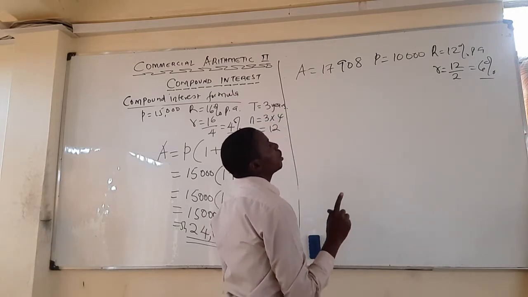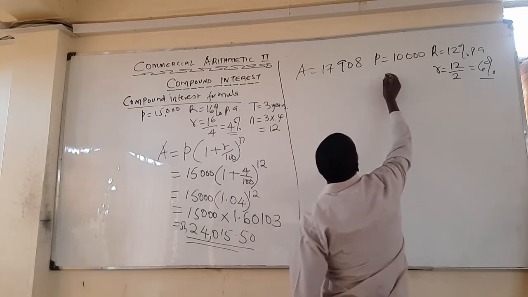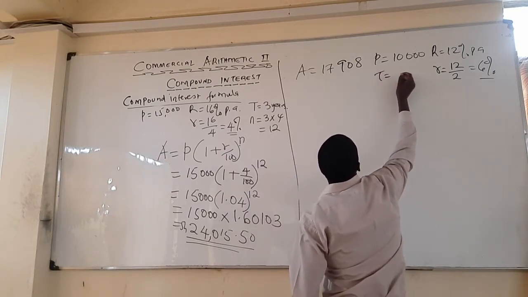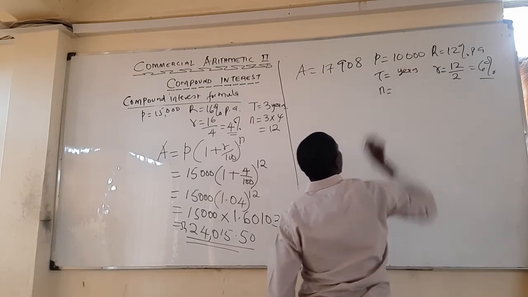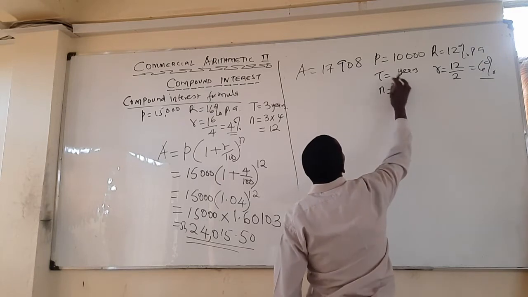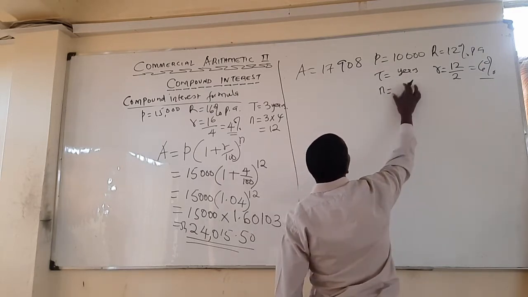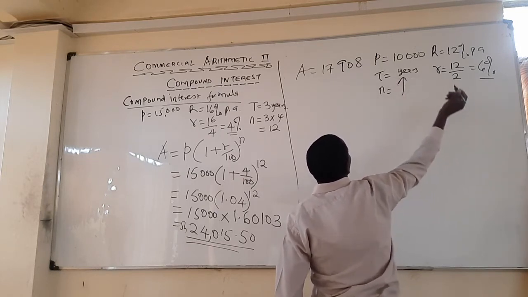So in 1 period, you're going to have 6%. Now, we also need to know that time is going to be in years, and n is the number of periods; in 1 year you have 2 periods. So we are first going to get the periods, then you go backward to the years.